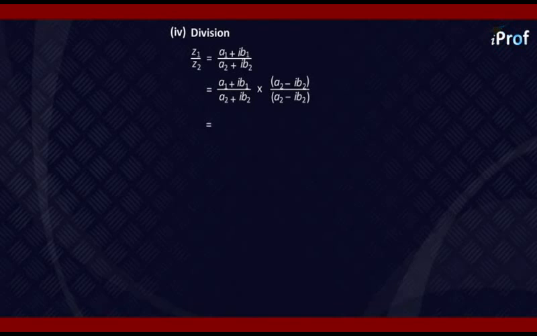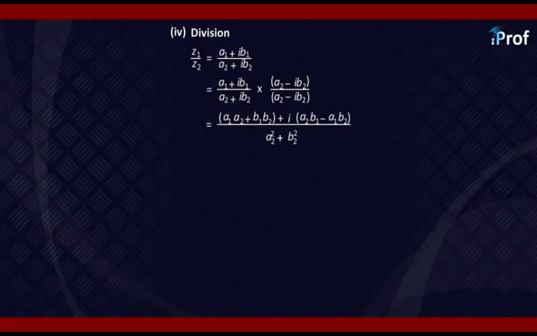We get in the numerator A1 A2 plus B1 B2 plus iota times A2 B1 minus A1 B2, knowing the fact that iota square is equal to minus 1. And in the denominator also it becomes A2 square plus B2 square.